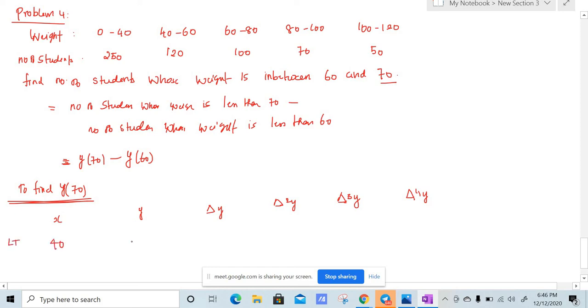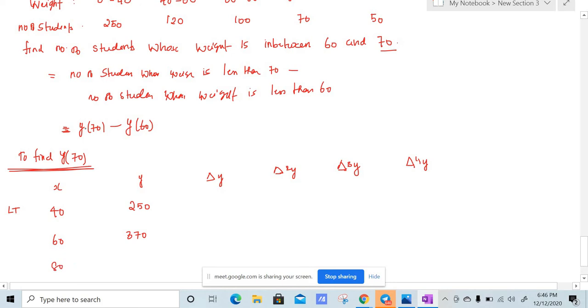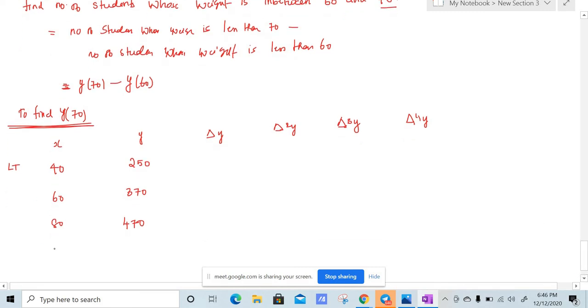So there are 250 students whose weight is less than 40, and less than 60 will be 250 plus 120, so it will be 370. Less than 80 will be 250 plus 120 plus 100, so it will be 470, and less than 100 will be 250 plus 120 plus 100 plus 70, less than 120.